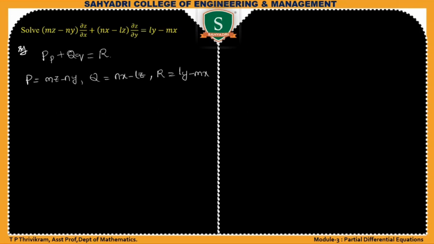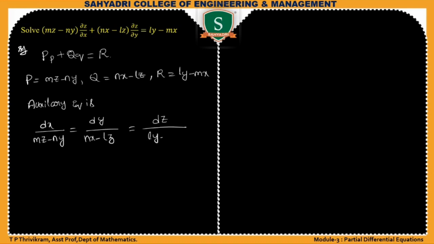Now when it is of this form, what will be the auxiliary equation? Auxiliary equation is, how much? dx divided by mz minus ny is equal to dy divided by nx minus lz is equal to, next R, what is R? dz divided by ly minus mx.